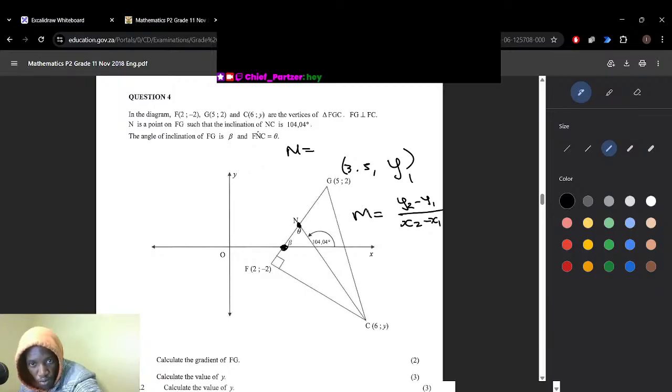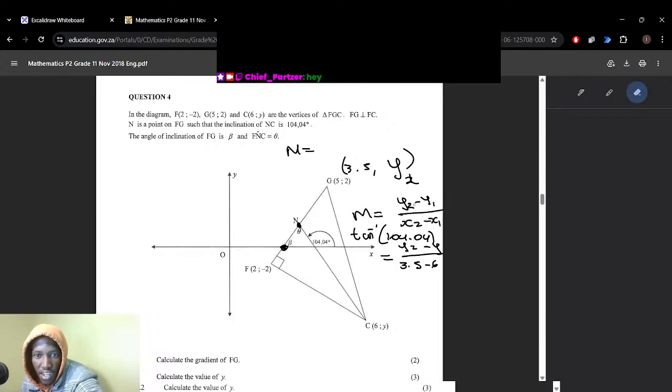So we know the value of our gradient, that it's an inverse of 104,04, which is equal to, let's call this y2 instead of y1, y2 minus y over 3.5 minus 6. So let me write this much clearer.